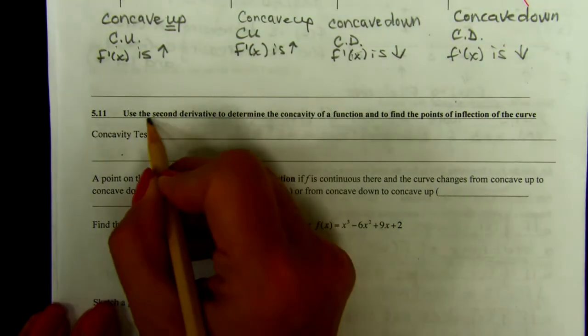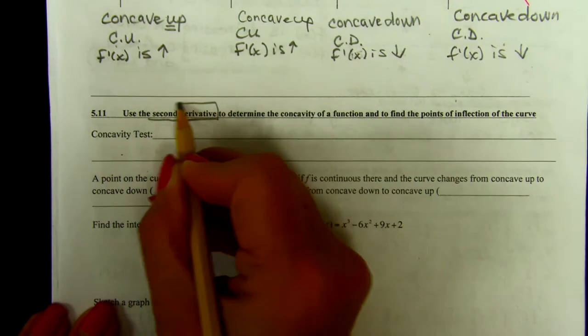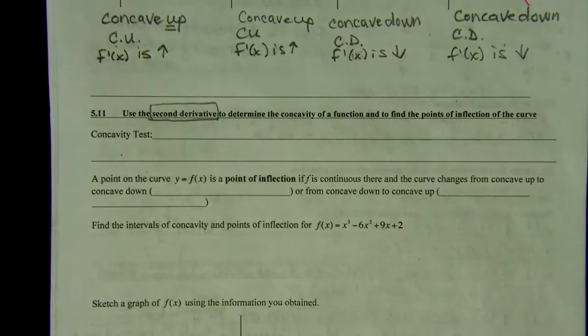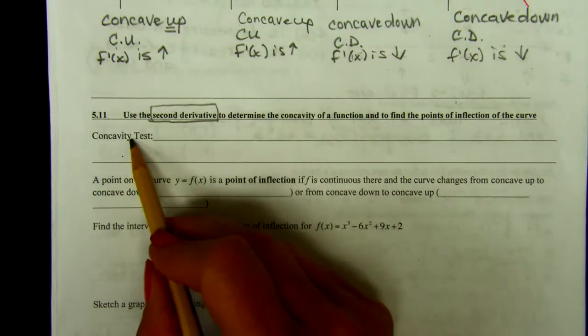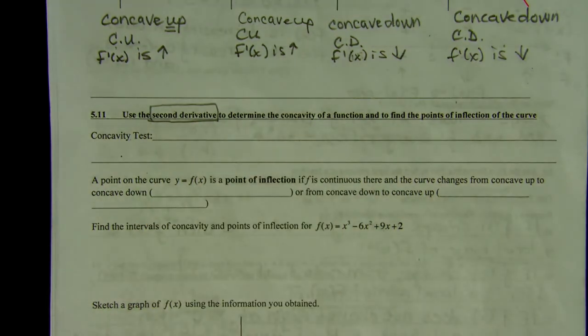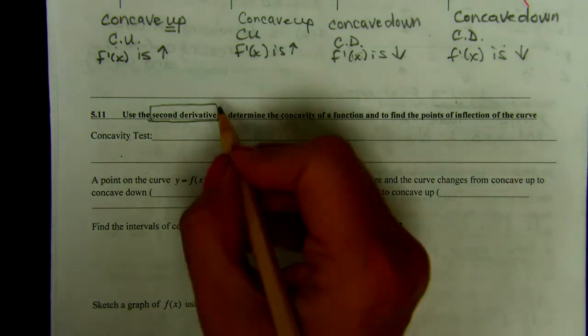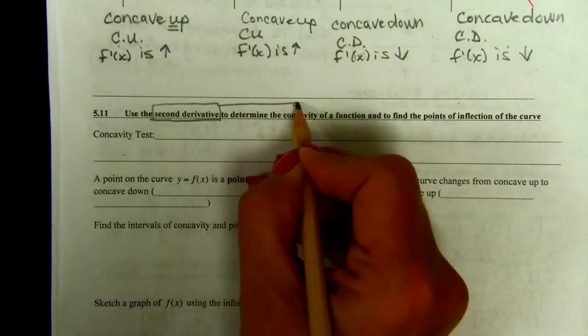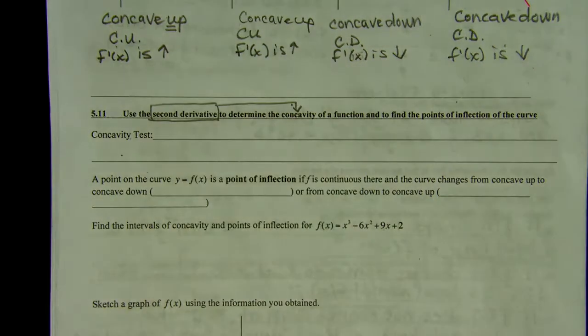So here, second derivative. We've never used the second derivative for anything before, and now we're going to start using it. And the second derivative is what tells us about concavity, okay? So the second derivative leads to decisions about concavity.